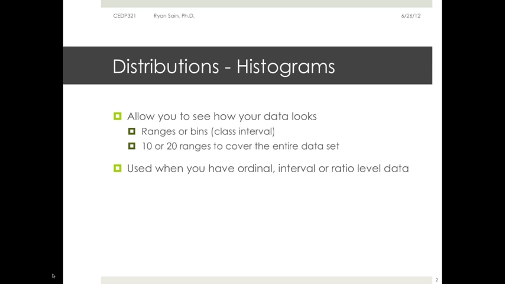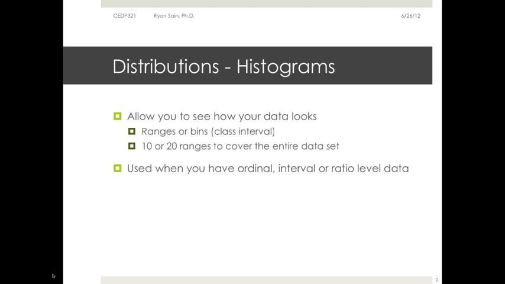You can only do this with ordinal, interval, and ratio level data. You can kind of do it with nominal data, but there's almost no point. Usually with nominal data, you just throw it into a table and say, here's how many people did this, here's how many people did that. Part of the reason there is that nominal data doesn't connect each point.